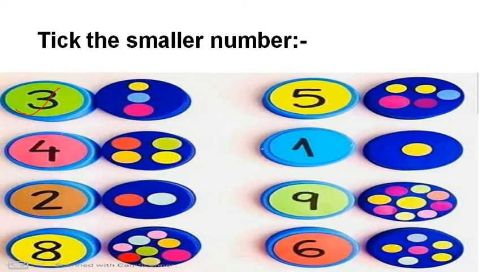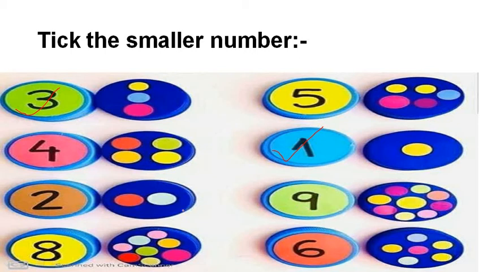Number 4 and number 1. So, which is less in numbers? Is it 4 or 1? Observe the pattern properly. Look, this is 1, 2, 3 and 4. This is only 1. So, which is the smaller among these two numbers? Yes, it is 1. This is number 2. This is number 9.